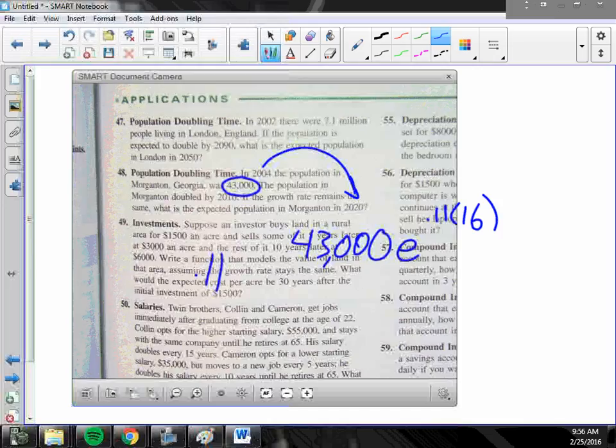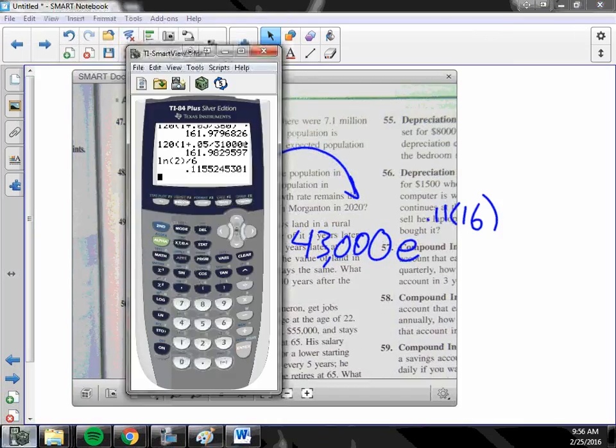So I need 43,000. And then if you do second ln, you get e raised to the 0.115 times 16. So that population would be 270,000. Okay? So 11% is a lot, right? So it's growing pretty quickly.